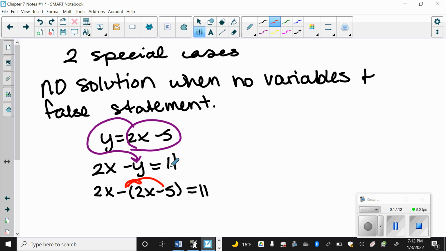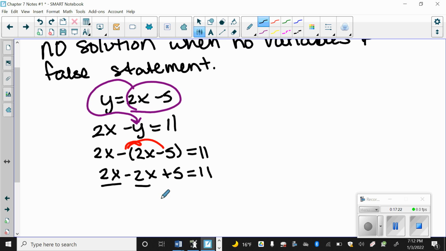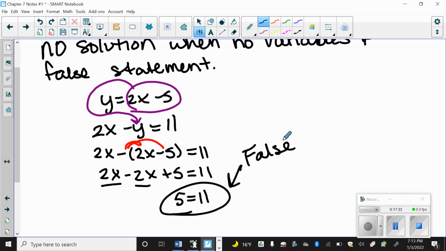Distribute in that negative 1. We would have 2x minus 2x plus 5 equals 11. When we combine our like terms on the left-hand side, the 2x and the negative 2x, we get 0. So I'm left with just 5 equals 11. No more variables, and this is false. 5 does not equal 11.